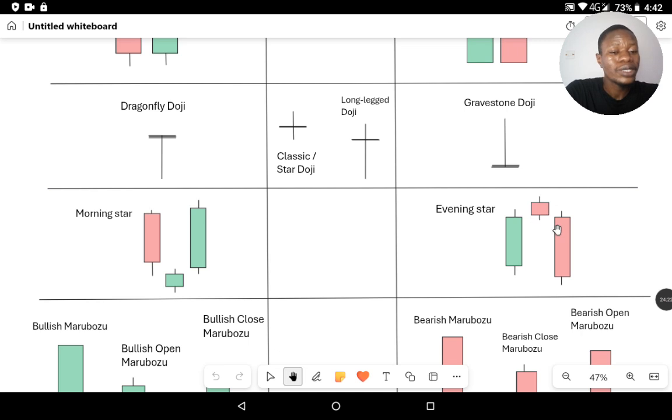But the next one that formed is a very bold bearish candle. So when you have this at the resistance level, it shows that the market is about to reverse downward. Then you should be prepared to look for a short opportunity in order to ride with the sellers, who are now in control.